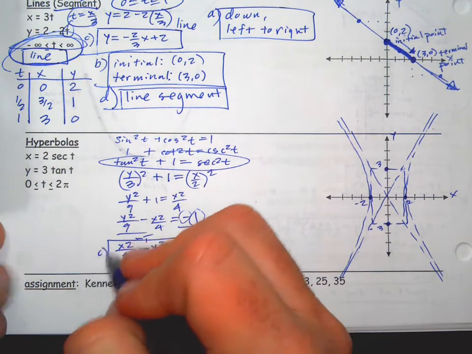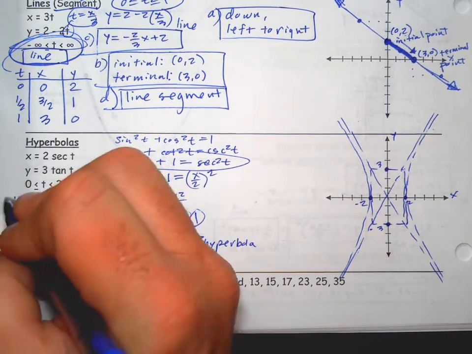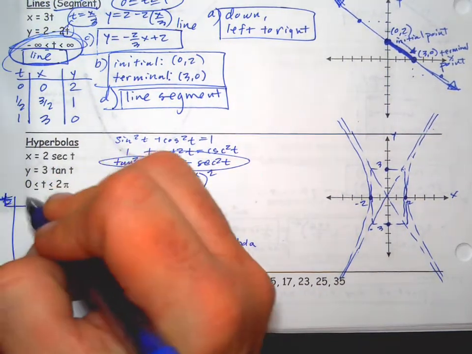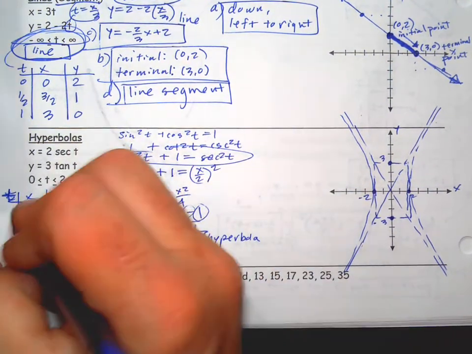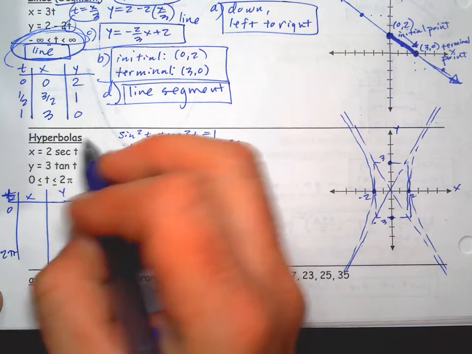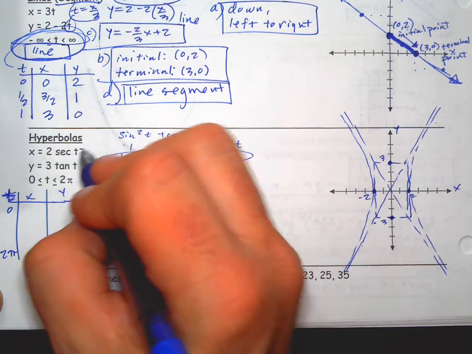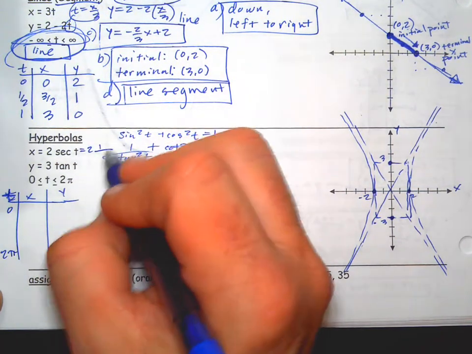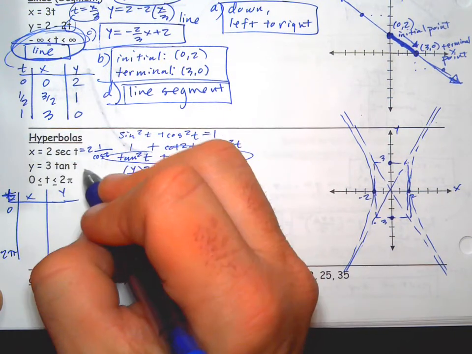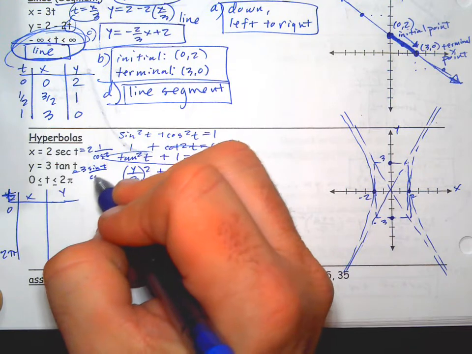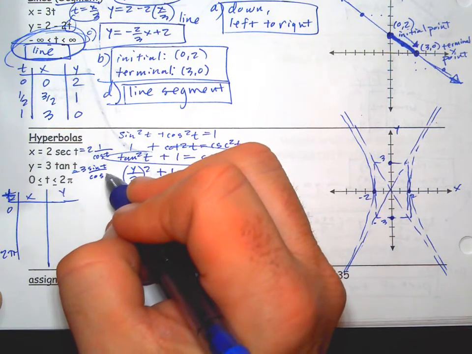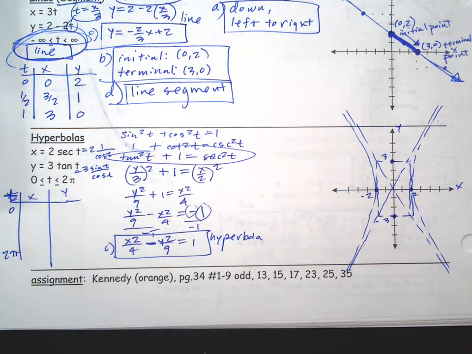So this is part C. I'm going to make a table, plug time in, and get x's and y's. We plug in 0 and 2 pi. Remember secant is 1 over cosine, and tangent is sine over cosine, because I don't memorize values for secant, cosecant, tangent, cotangent. I just remember everything in terms of sine and cosine.